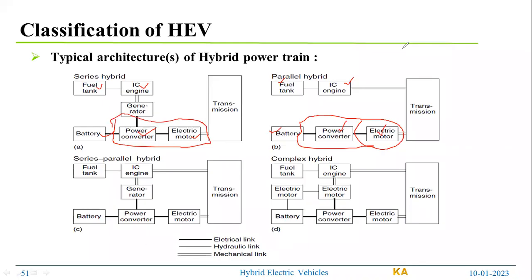The third one is that you don't have a generator in the parallel, and you don't have a mechanical coupling in the series hybrid. On both sides, the motor is going to connect to the transmission unit. You can see.